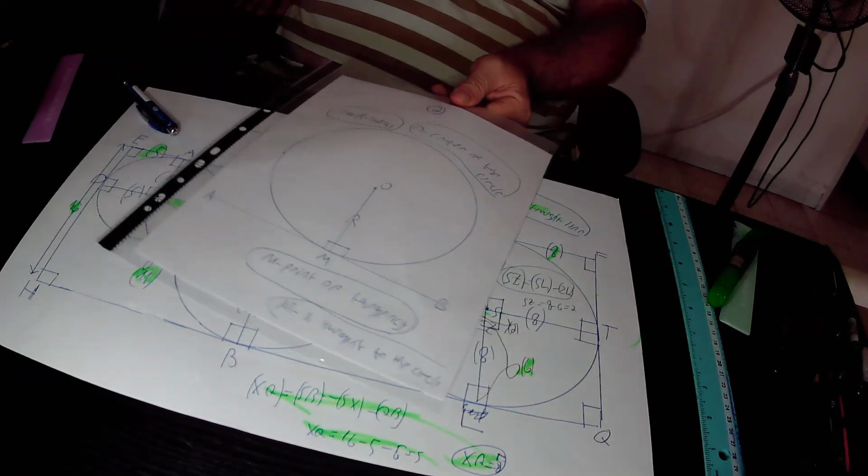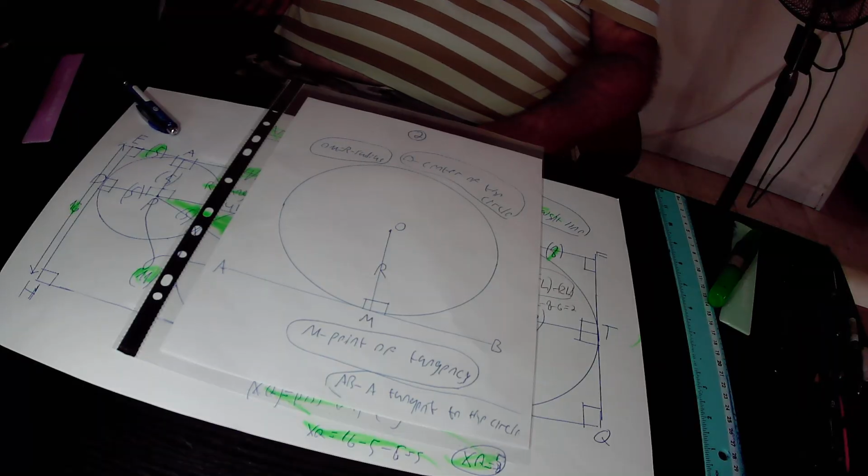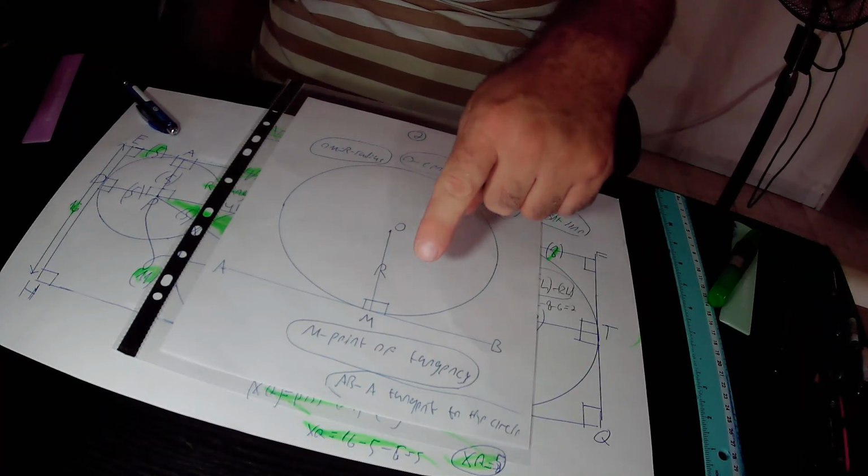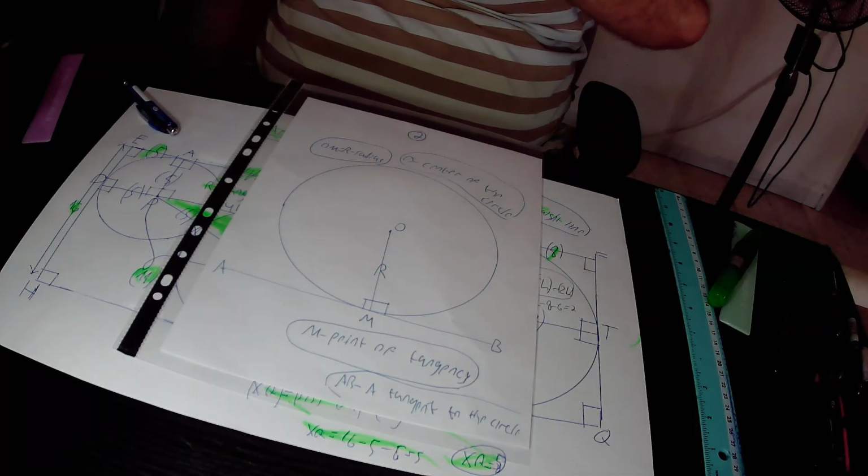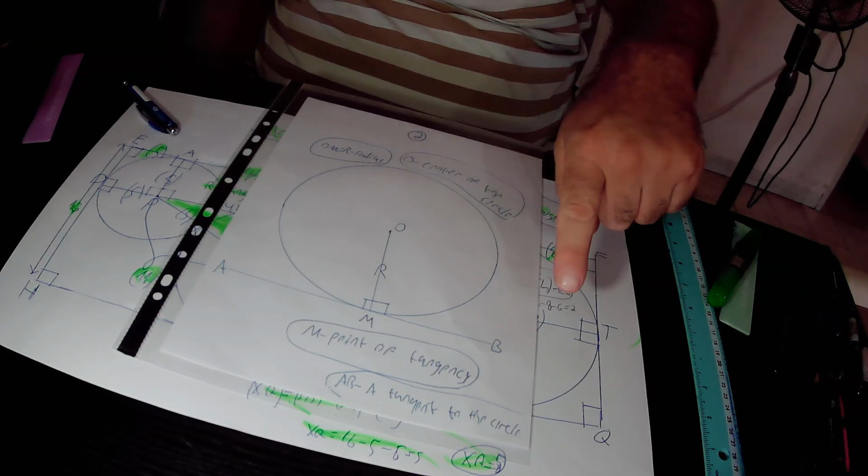So, in the drawing, we have a circle with center O. OM equals R, it is the radius of the circle, and we have tangent AB.